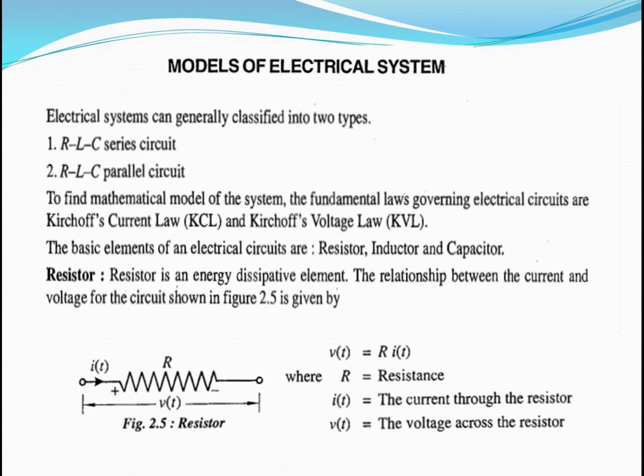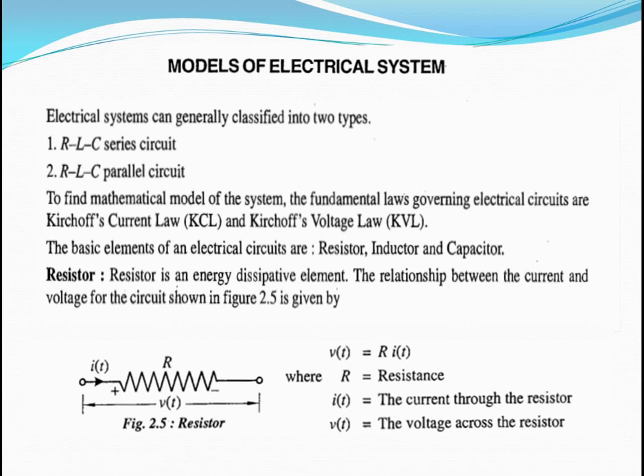So the number of displacements will represent the number of equations. For example, if we have two displacements in the control system, we will have two nodes in the equivalent mechanical system, and we will have two equations which describe the control system.